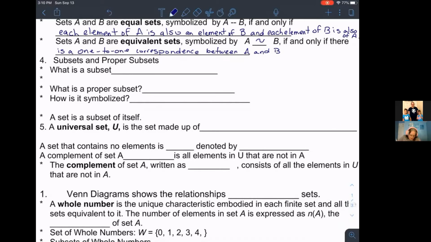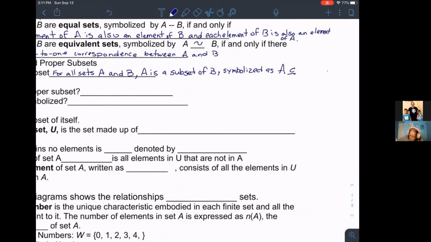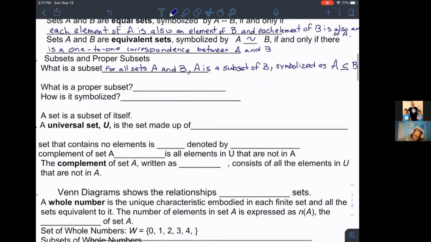A subset says for all sets A and B, A is a subset of B, symbolized as A, B, if and only if each element of A is also an element of B.